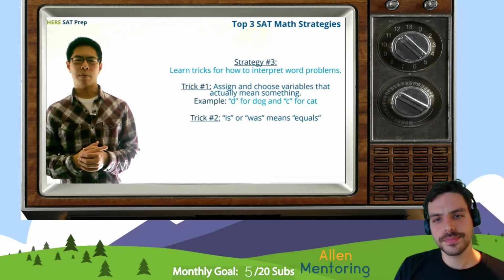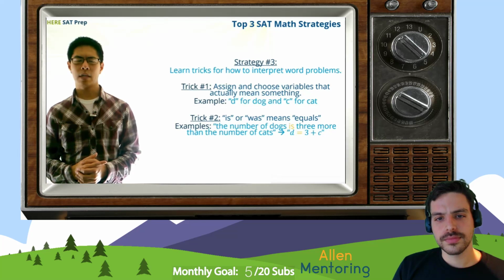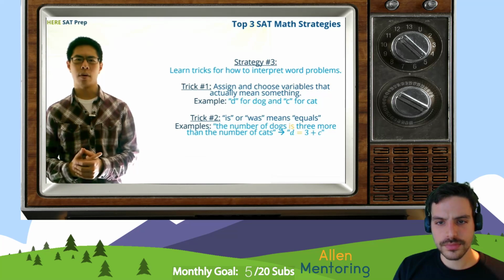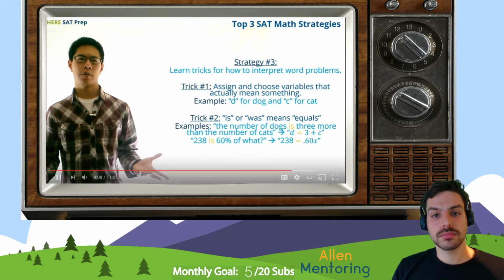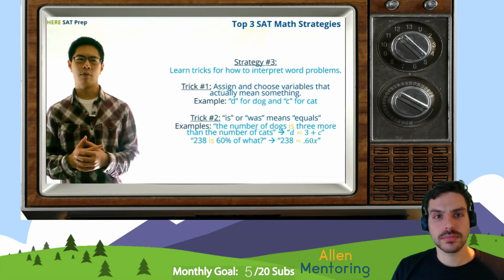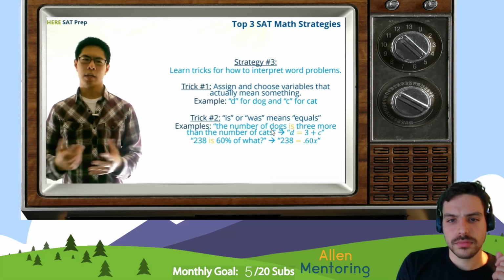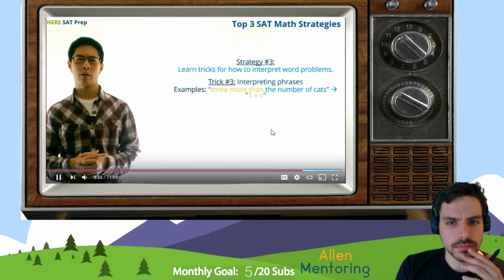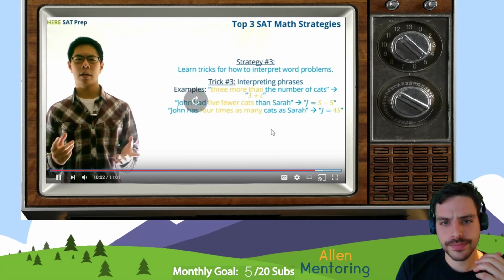For example, if a problem says the number of dogs is 3 more than the number of cats, we would interpret this as the number of dogs equals 3 more than the number of cats, or 3 plus C. Or if the problem says 238 is 60% of what, then we would interpret this as 238 equals 60% of what. Okay, that is covered.